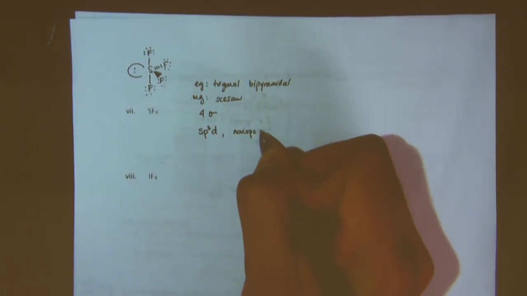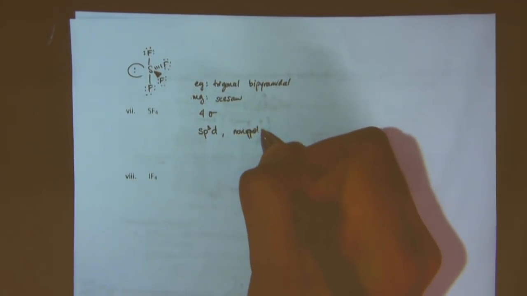In this case, there would be 4 sigma bonds present, and we would count the number of electron groups. So there's 1, 2, 3, 4, 5. And so basically that correlates to sp3d. And that would be nonpolar.